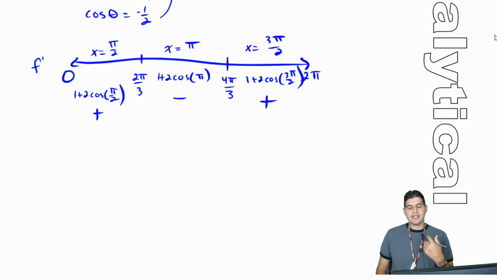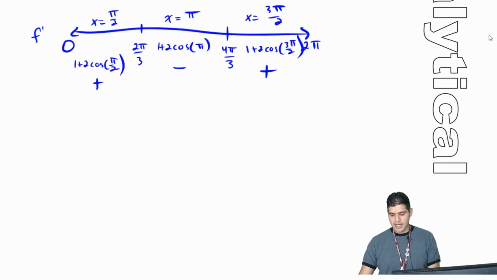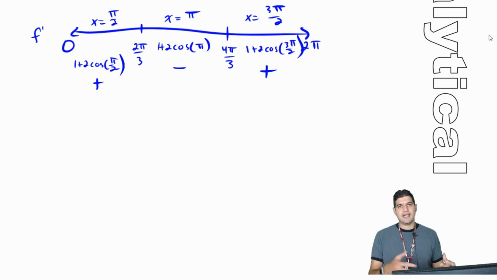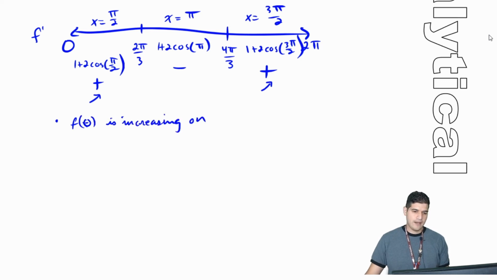So just like we did in the last two problems, we want to find where is our function increasing, decreasing, and maximums and minimums. So our first part is, where is it increasing? Well, that's going to be where f prime is positive. So I want to say f of theta is increasing on 0 to 2 pi over 3 and 4 pi over 3 to 2 pi.